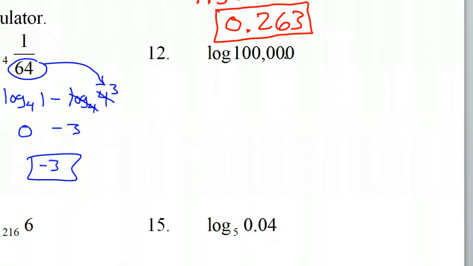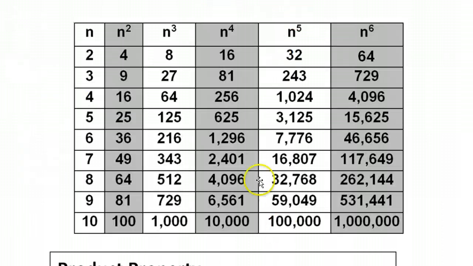100,000. This is clearly 10 to a power. What power? Well, let's count the zeros. 1, 2, 3, 4, 5. This is the same thing as log of 10 to the 5th power. Don't believe me? Do you believe a chart? Let's see. There's our 100,000. Oh, look, 5th power. Learn the rule about counting the zeros.